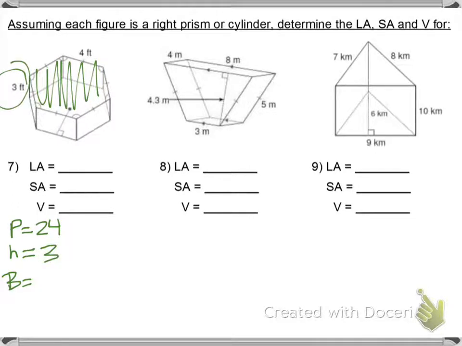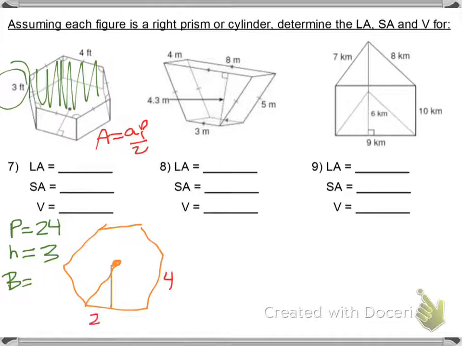The hard part to this, obviously, is we have that hexagon that we would have to get the area of. So I'm just going to draw this hexagon here so I can show you a little bit better. This goes back to the area unit where you have to know how to get the area of a hexagon. And so that's apothem times perimeter over 2. The only thing that we have here is that the edge of your hexagon is 4. Okay, so if the entire side is 4, that means this little piece is 2.